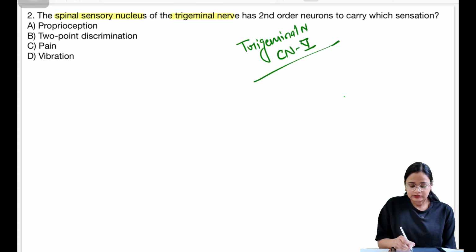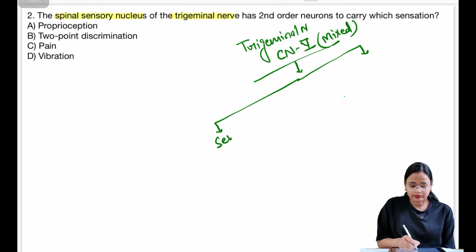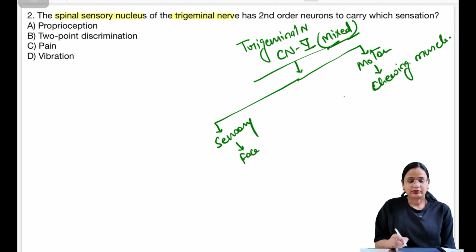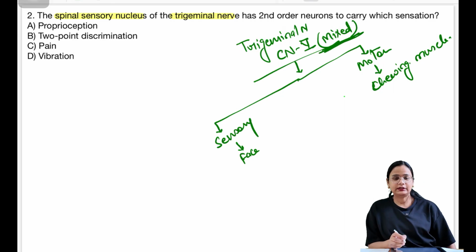It is a mixed nerve, which means it has both sensory fibers and motor fibers. The sensory fibers are mainly from the face and the motor fibers are for chewing muscles, or muscles of mastication. So this is a mixed cranial nerve.